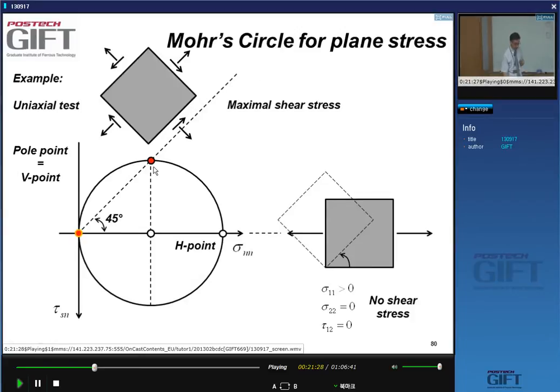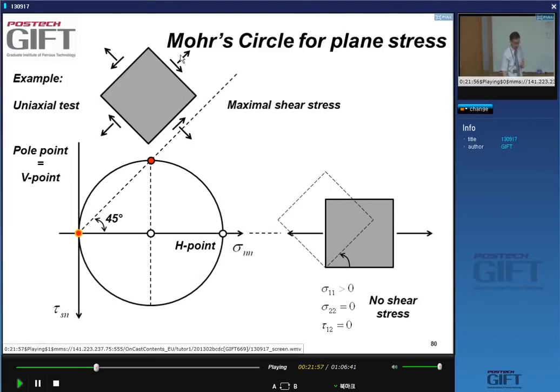What is interesting is that, because these two lengths are the same, this angle is 45 degrees. And indeed, that's what we know: if we have a tensile test, the planes on which the shear stresses are maximum are inclined at 45 degrees, and you can see here that it works nicely.